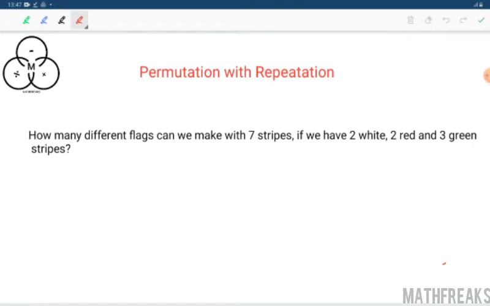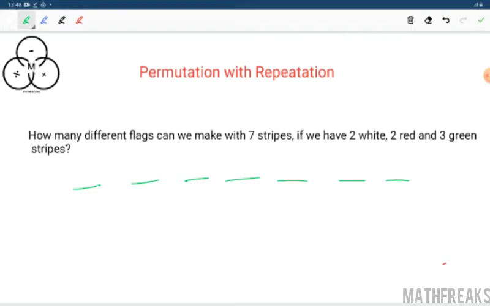How many different flags can we make with 7 strips, if we have 2 white, 2 red, 3 green strips? So we have 7 strips here: 2, 2 and 3. Positions 1, 2, 3, 4, 5, 6, 7.